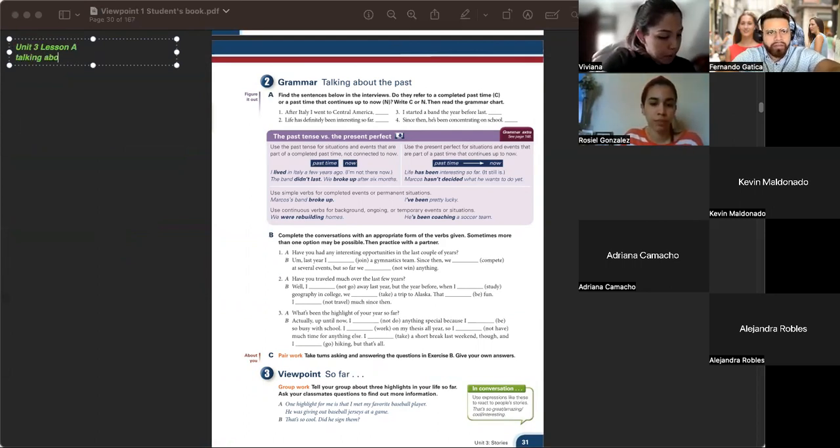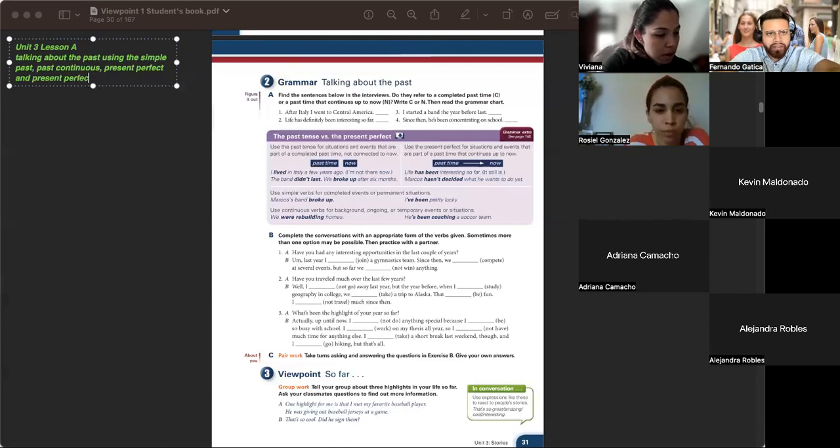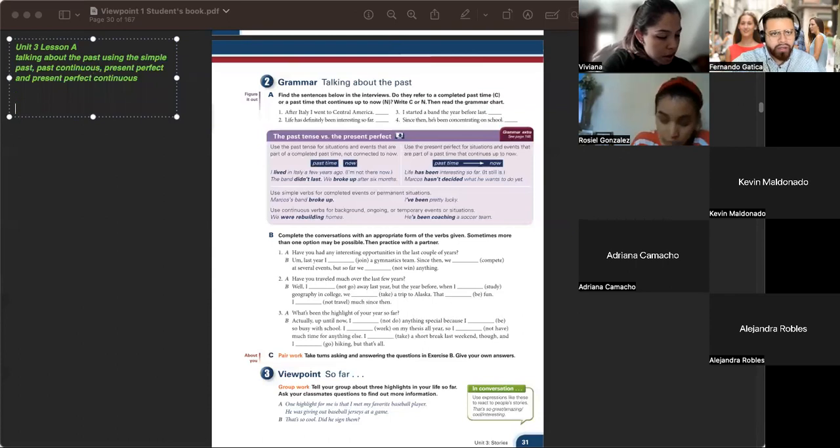We're talking about the past using the simple past, past continuous, present perfect, and present perfect continuous. Let me give you the formulas for each thing.